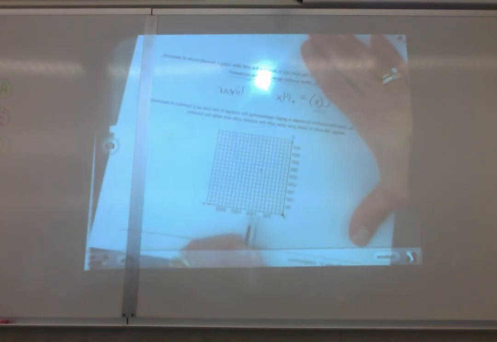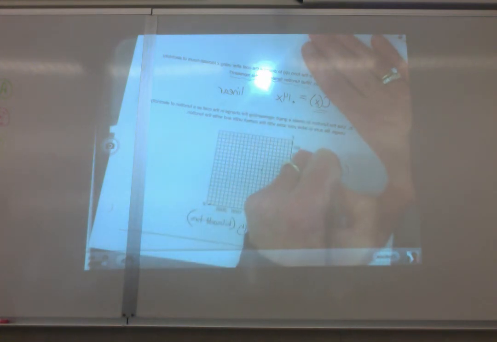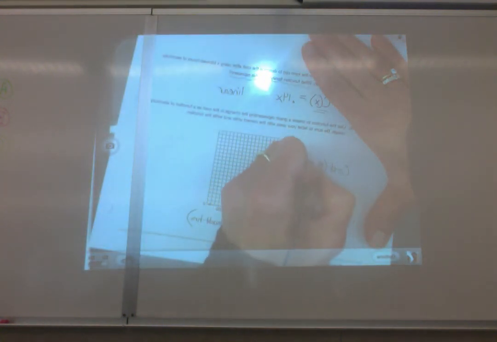What are these big numbers along the bottom? Energy, measured in kilowatt hours. You both were right. And then what do we have along the vertical axis? Cost, measured in dollars.